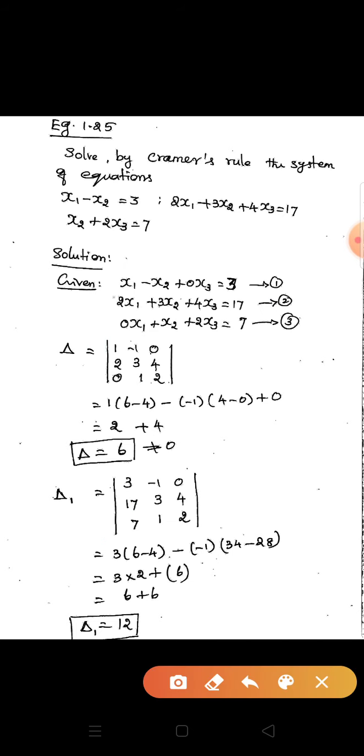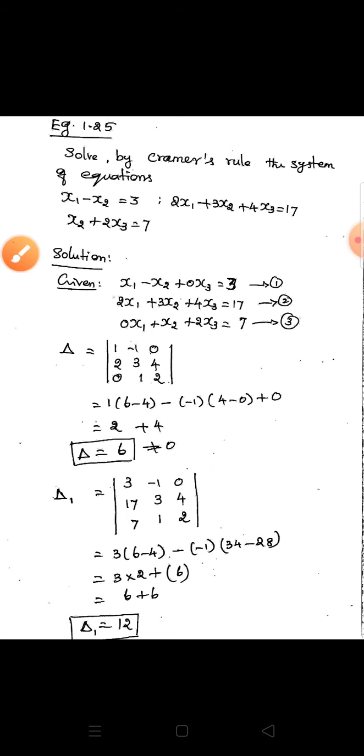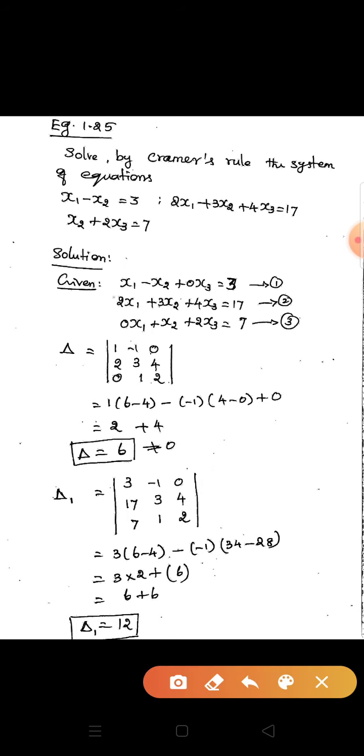Now we are going to find the delta 1 value by expanding the first row. 3 into, we cross multiply 3 into 2: 3 2s are 6 minus 4. Next, minus 1 into, we cancel the second column and first row, and cross multiply 17 into 2, 34, minus 4 into 7, 28.